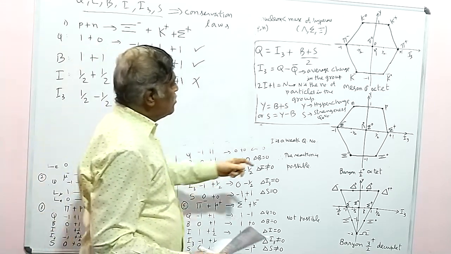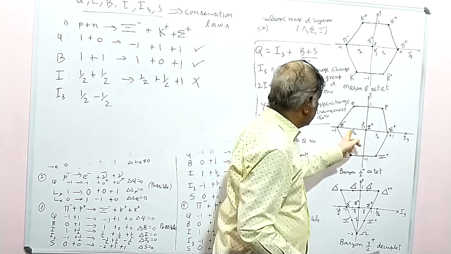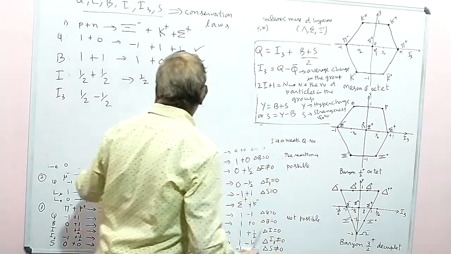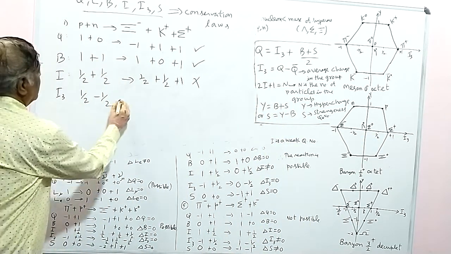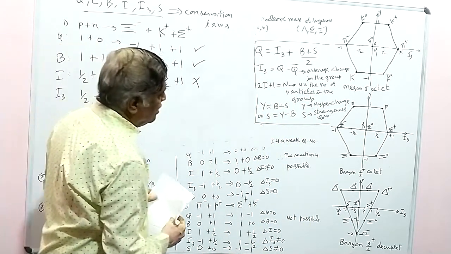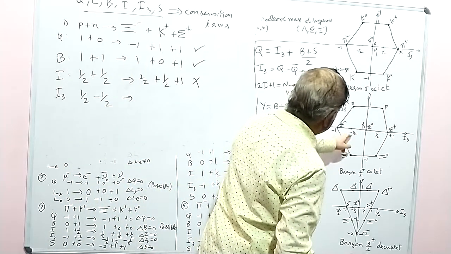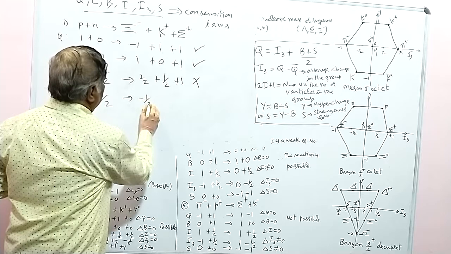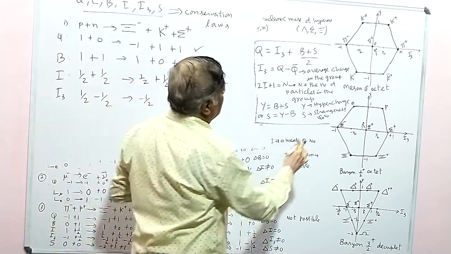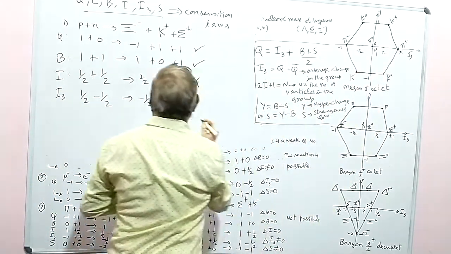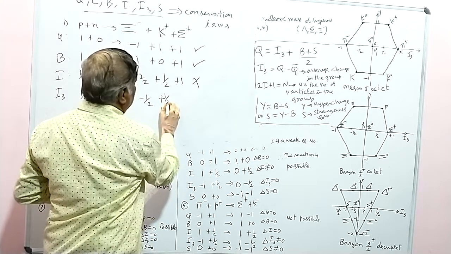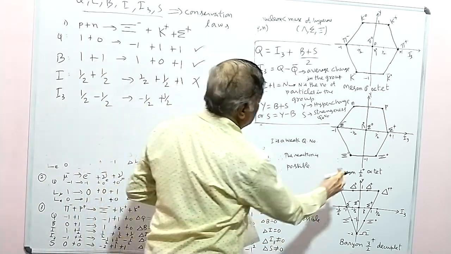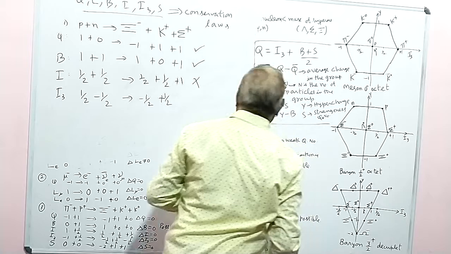So from the diagram you can see, this is plus half and this is minus half. So I3: for pi minus this is minus half, for K plus this is plus half, for sigma plus this is plus 1.